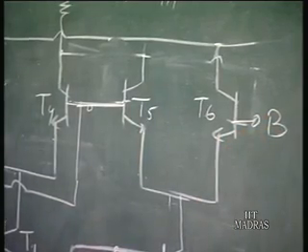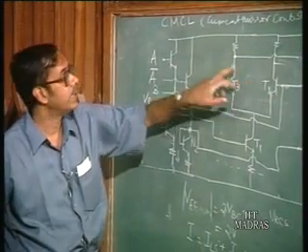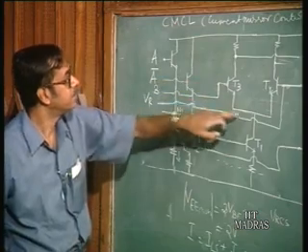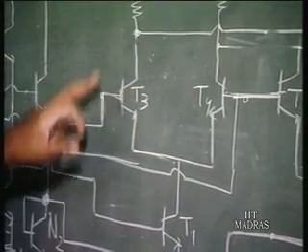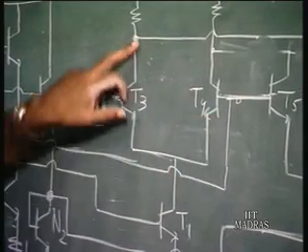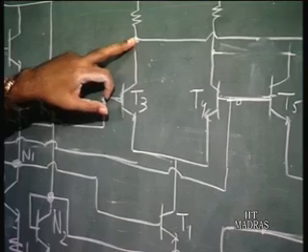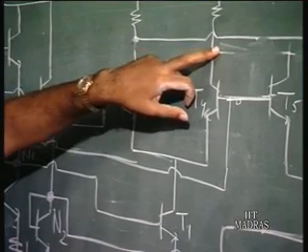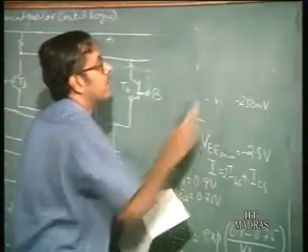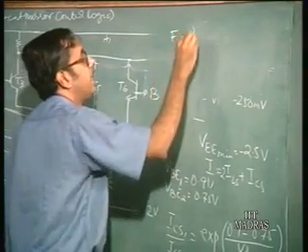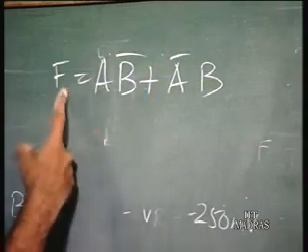So, if A is high, that is, in this circuit, this output is equal to B bar. You have B here, and this is the reference voltage. So, this corresponds just like an ECL gate: NOR output B bar, and this corresponds to B. So, exclusive OR, F = A B bar + A bar B. When A is high, F is B bar.